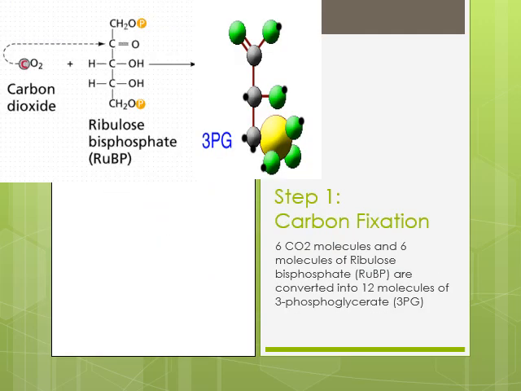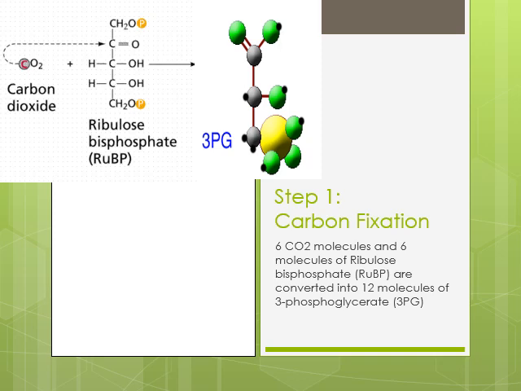So step 1, carbon fixation. In carbon fixation, you're going to take 6 molecules of carbon dioxide and 6 molecules of ribulose bisphosphate, otherwise known as RUBP. And they're going to build 12 molecules of what's called 3-PG. Now, you don't need to know all of that.